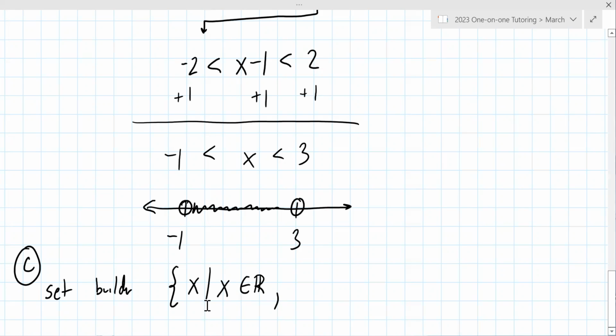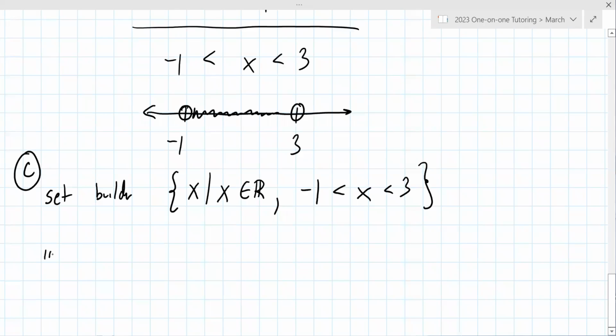And then you use that inequality, -1 less than x less than 3, close curly brace. Interval notation, a little more work to do. It's just the numbers that you have from the interval, but with parentheses or brackets, depending on what it is.